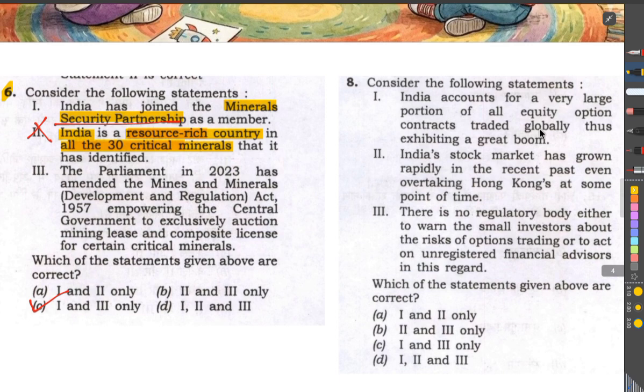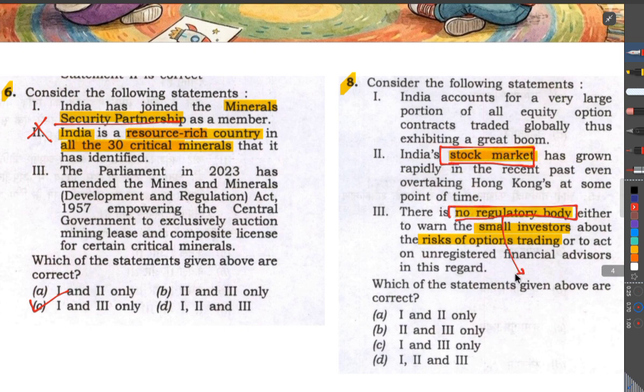And here, this is the 8th question from UPSC Prelims 2025. If you have read this question, you might have understood that this is a question from the stock market. So here they have given the clue stock market, and they have said that there is no regulatory body to warn small investors about the risk.